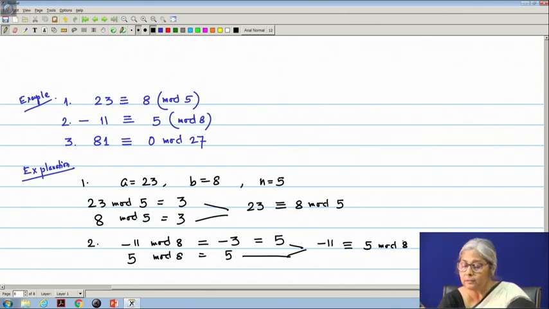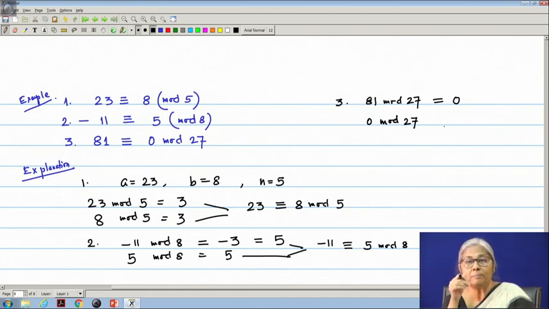Then similarly, the third, 81 modulo 27 is 0, because there is no remainder. 3 into 27 is 81 and this is 0 only. And 0 modulo 27 is 0 only, because of the property of divisors we have seen, that any b not equal to 0 divides 0.